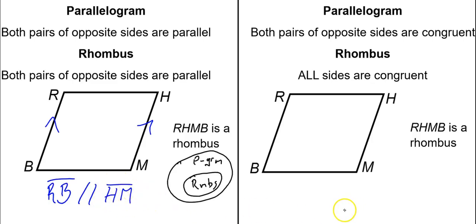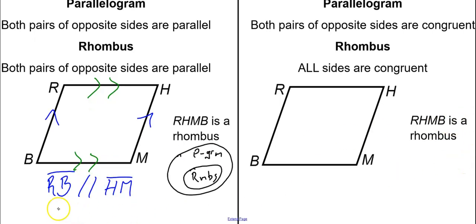They go the same direction and don't touch. Not only is left parallel to right, top is parallel to bottom, just like in all parallelograms. So this is still true for a rhombus. RB is parallel to HM, left is parallel to right. RH on top is parallel to the bottom BM.